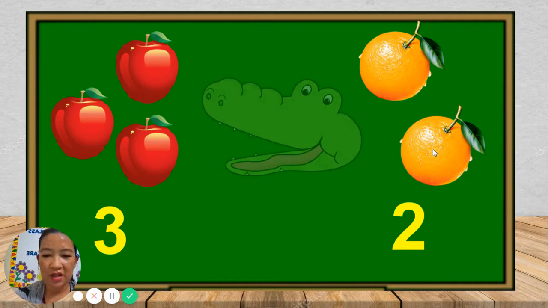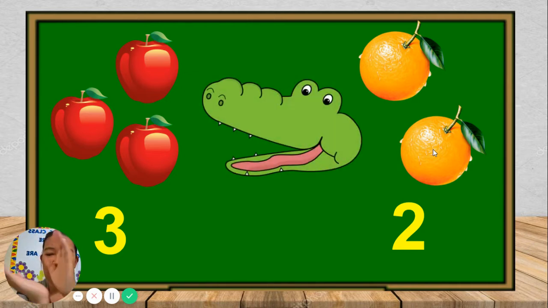You ready? Okay, here we go. Yes, that's right. So let's go munch the 3 apples. Munch, munch, munch. Good job. Okay, do you think the hungry alligator is full? Yes, because 2 is not enough for the alligator to eat, and he wanted to eat more, right? So the apples are more than the oranges.